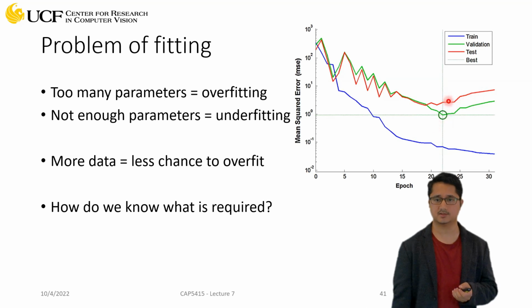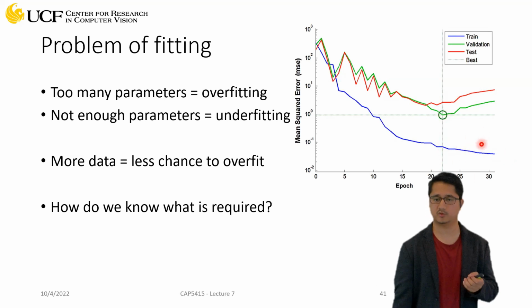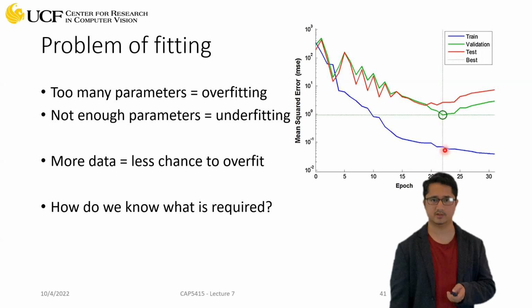So usually what we do is, if we see such a point, we say that this is the best network, and you use those weights as the model, even though your training loss is going down. So we don't care too much about the training loss. We care about the testing and validation loss. Okay, so this is the point when your network starts to overfit.